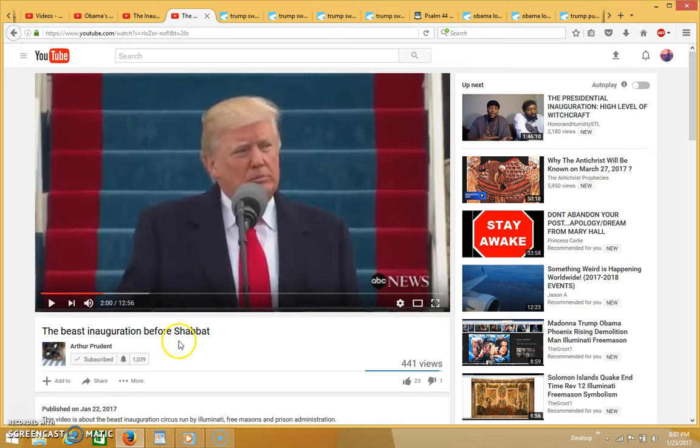But either way, something's bound to happen, because if he truly is against the establishment, I don't see how they're going to allow that, how they would just be powerless to just let someone come in and undo everything that they've done and basically put them all in jail and just reverse everything, because the Bible tells us that there's going to be a mystery of iniquity.